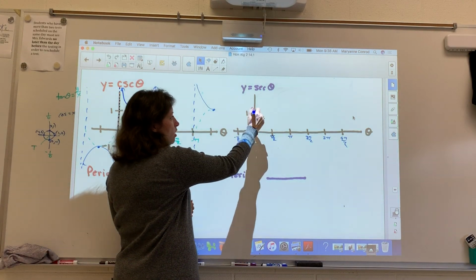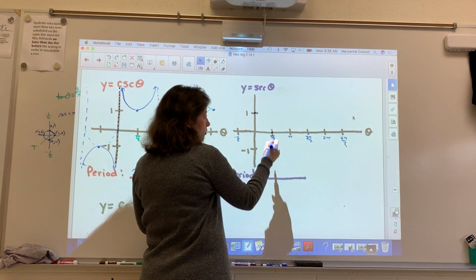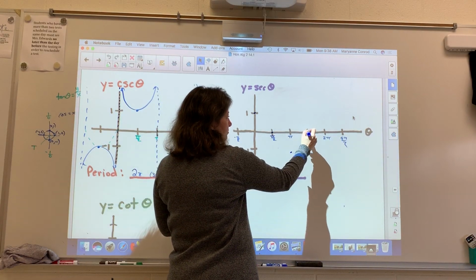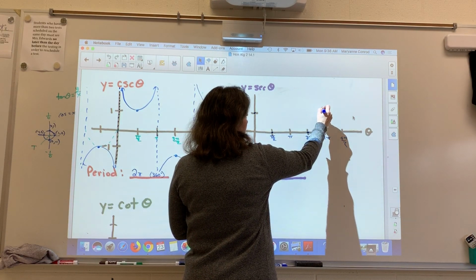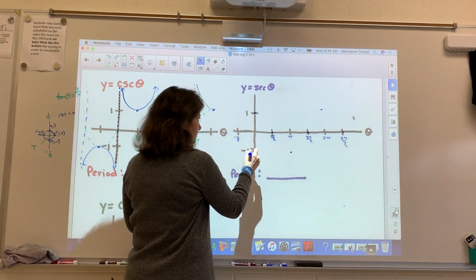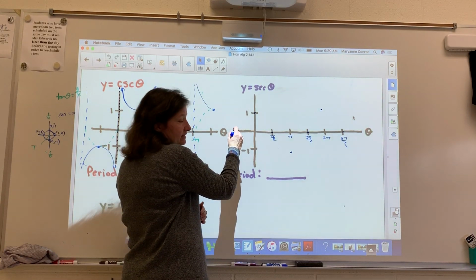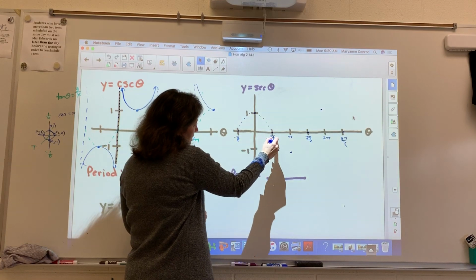Cosine of 0 is 1. And then cosine of pi over 2 is 0. And then cosine of pi is -1. And then cosine of 3 pi over 2 is 0. And then cosine of 2 pi is 1. And then we start repeating ourselves. But we don't want to make this the solid curve because this is the cosine curve. So I'm just going to make it dotted.